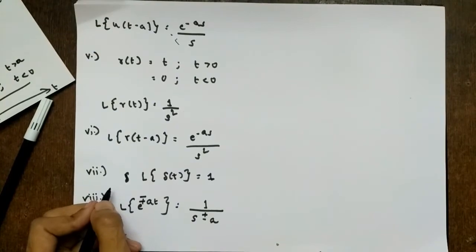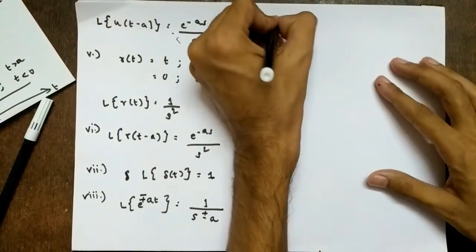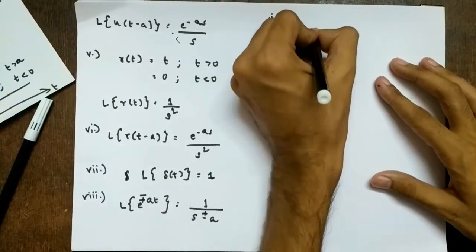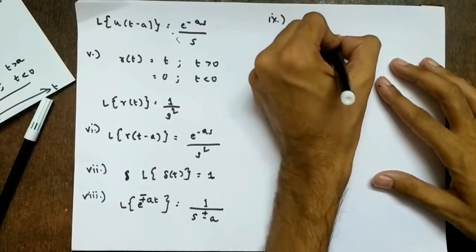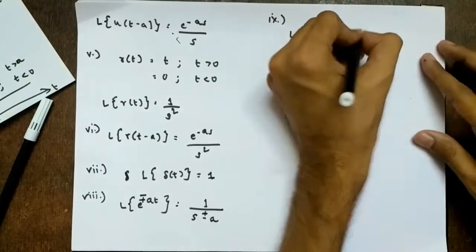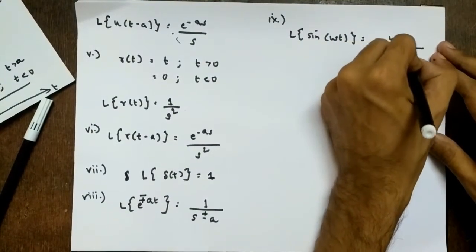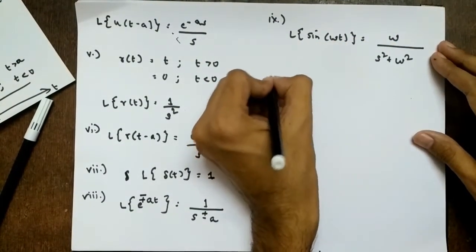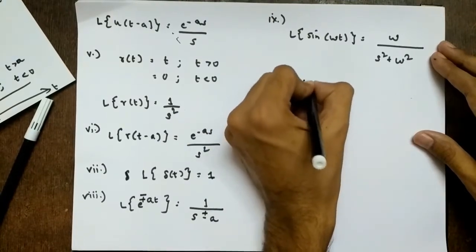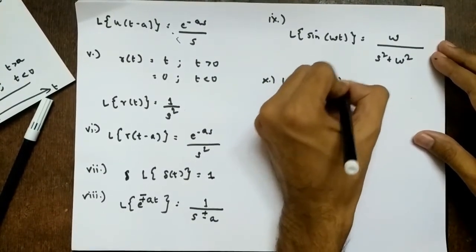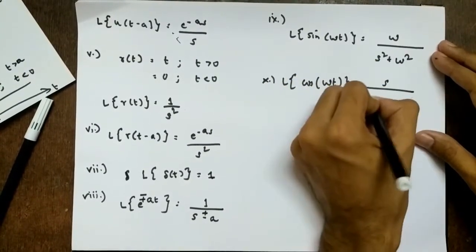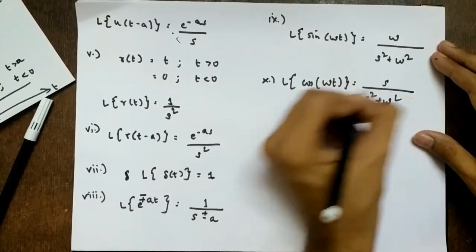Then we have the Laplace transform of the sine function. Sine of omega t is given as omega upon s square plus omega square. Then the Laplace transform of cos of omega t is given as s upon s square plus omega square.